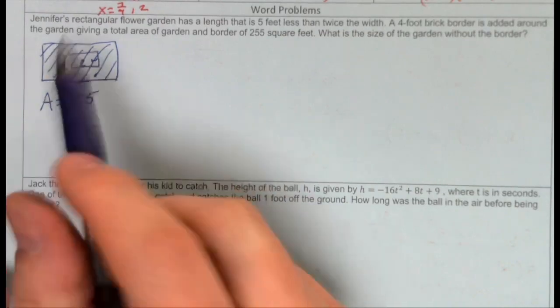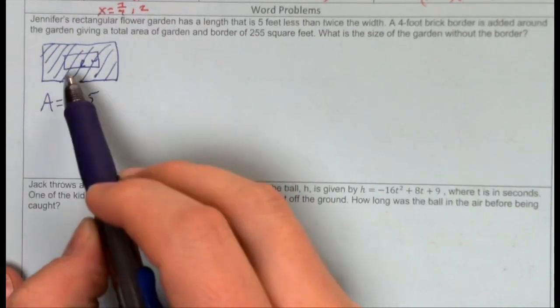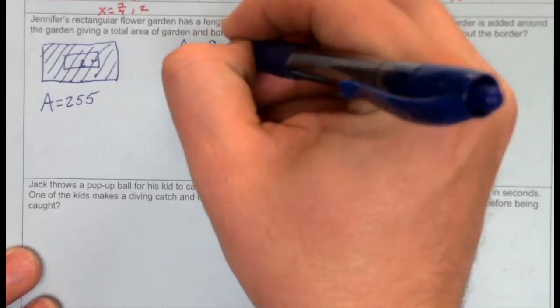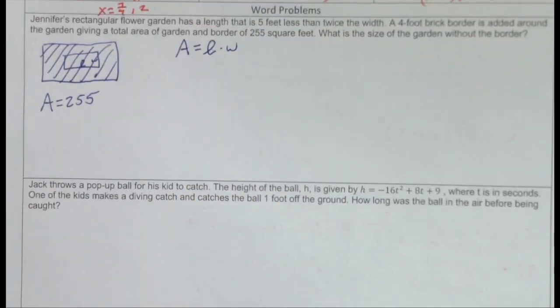Well, the only thing that I know that relates area and length and width is the formula. Area equals length times width. In order to solve any equation in math, you need to have as many equations as you do letters. Or you need to be able to get rid of some of the letters in replace of numbers or in terms of itself.